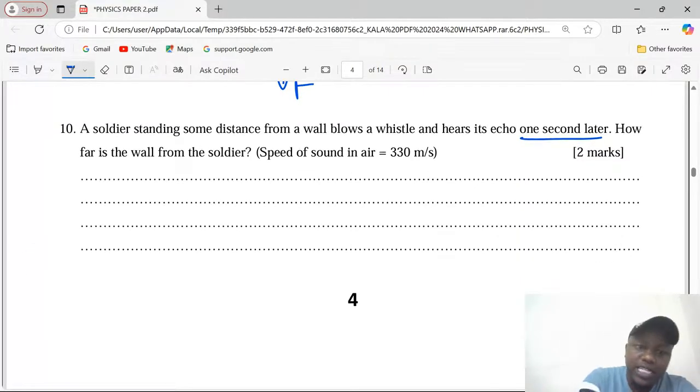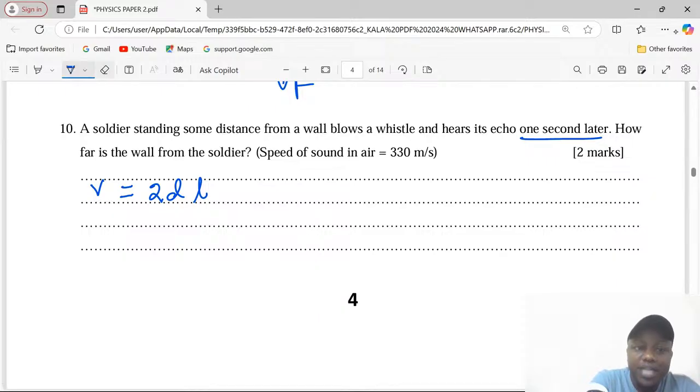So we're supposed to know that velocity of sound in air is given by twice the distance divided by time.